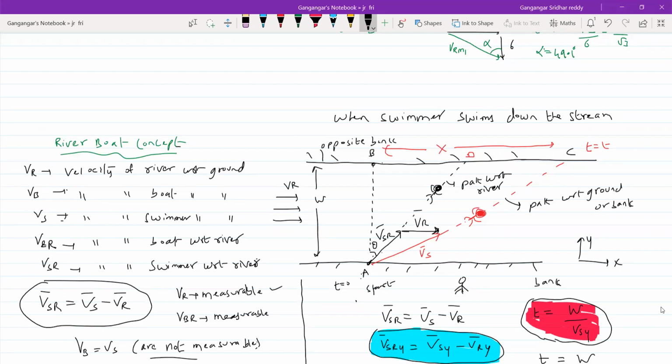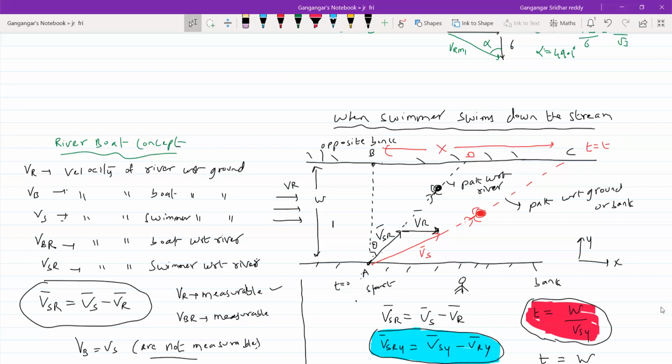Look at Vs: its components are one perpendicular to the river current, the other along the river. You start at A and finally reach down the stream. Where is point C? Point C is on the right side of the starting point, therefore I call it down the stream. So whenever you swim down the stream, these are the equations you are going to take help of.